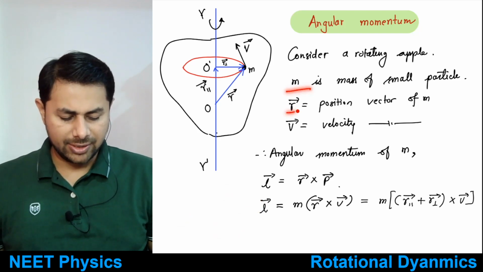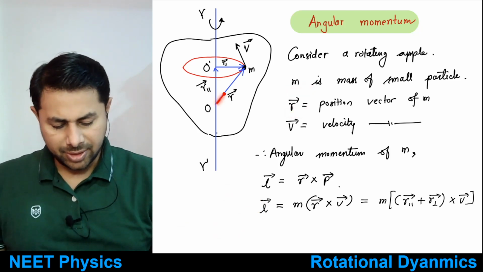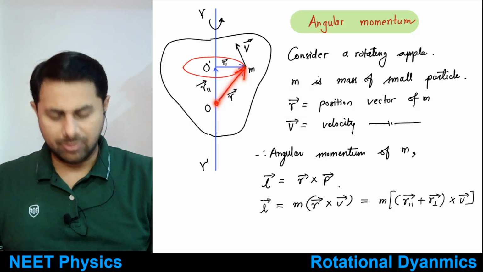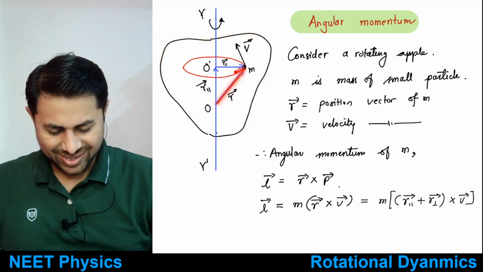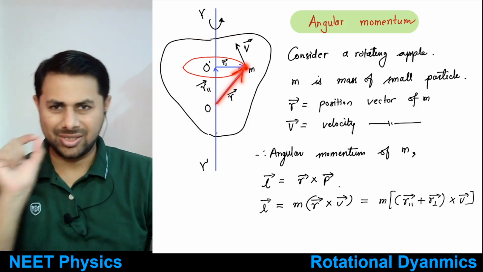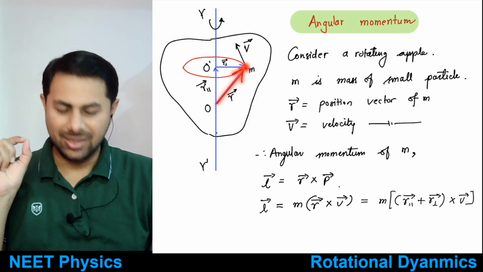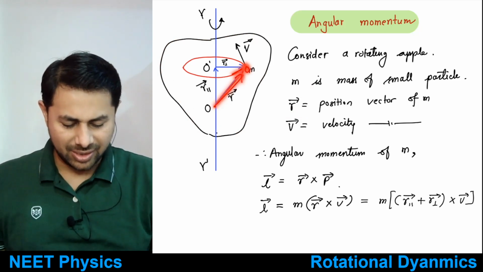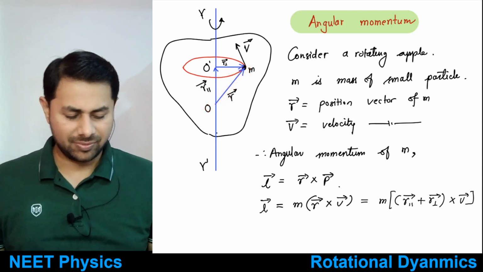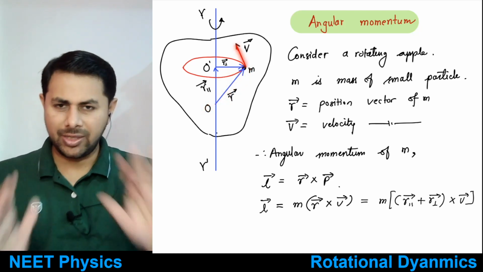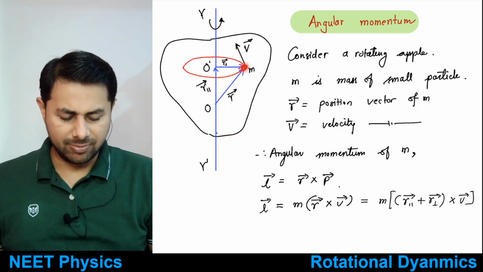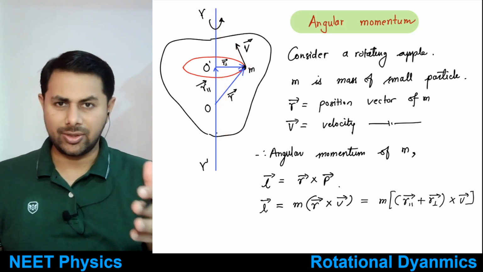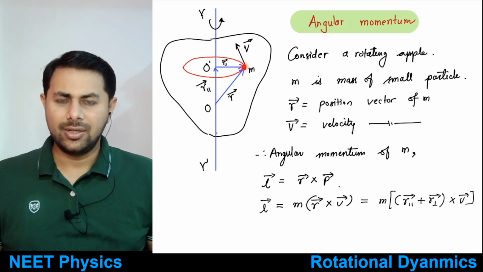So m is its mass, r bar is suppose its position vector with respect to some origin, okay. So look at this apple, r bar is the position vector of this small particle of the apple with respect to this origin. And suppose when this apple rotates about this axis, then this mass will move with some velocity at this point, right?